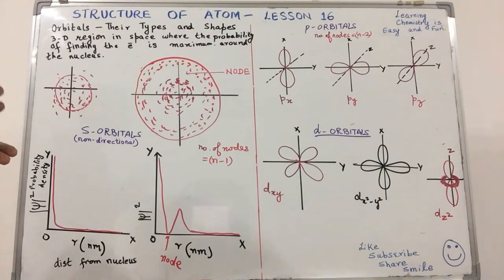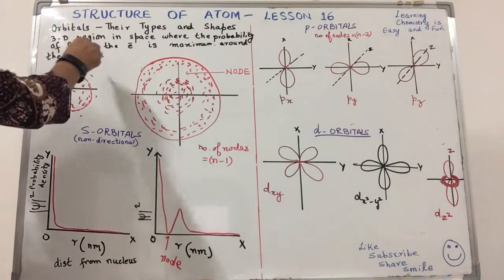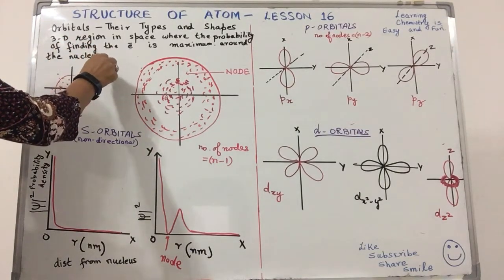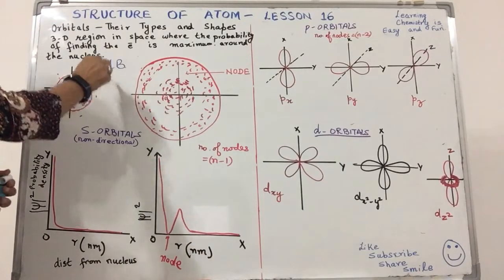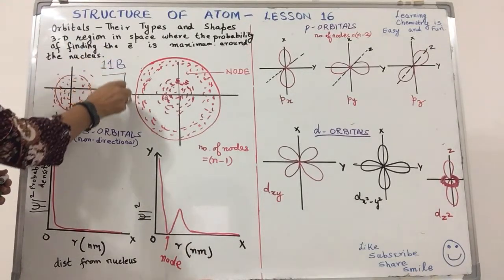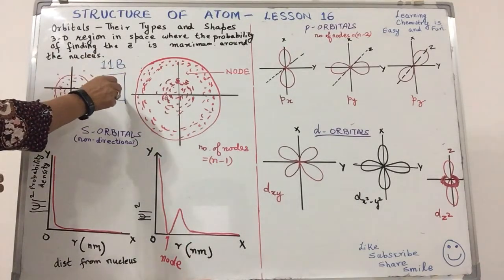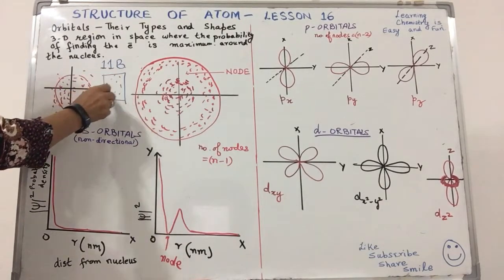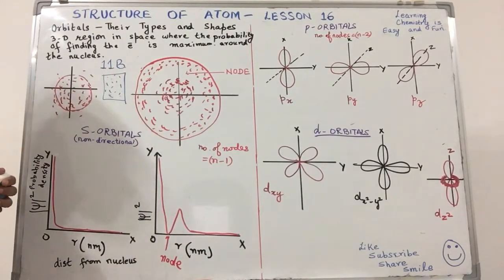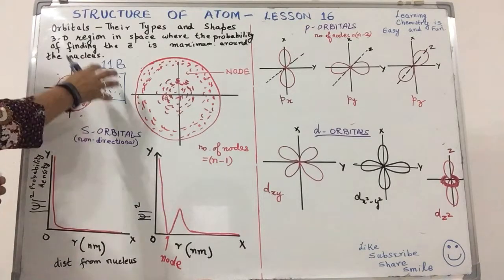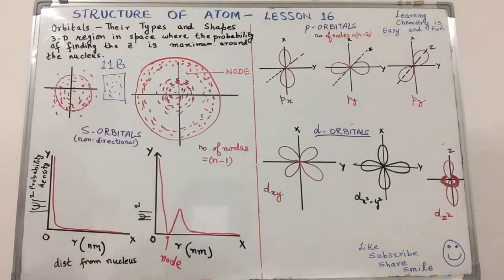So each class or each year further has sections or subsections, what you may call. Now let us suppose you are in 11B. In 11B, your area is confined within the four walls of that room. In the four walls of that room, you can be found anywhere when the teacher is not in the class. So that's your orbital area, right?